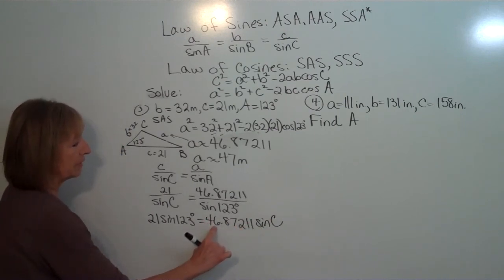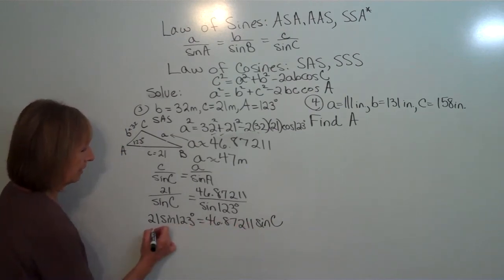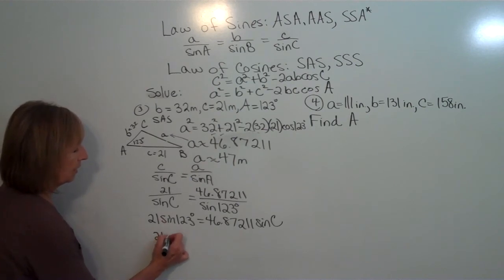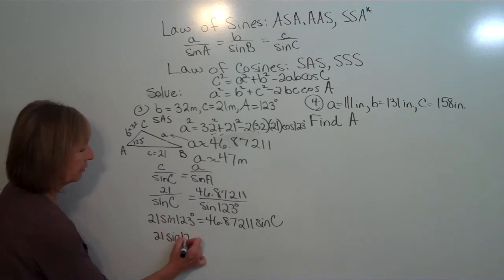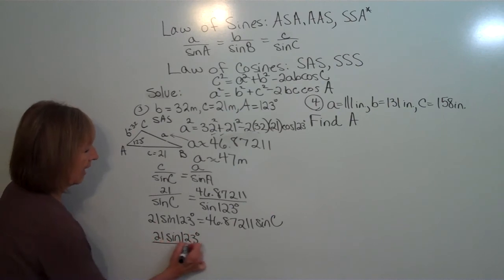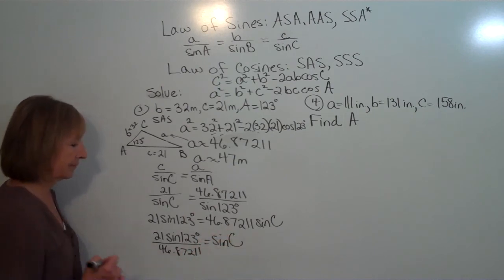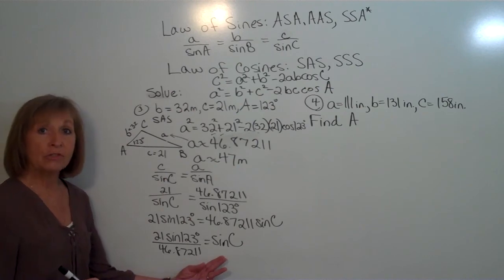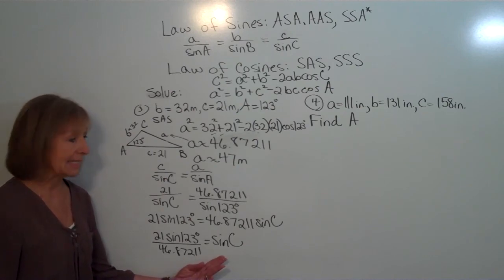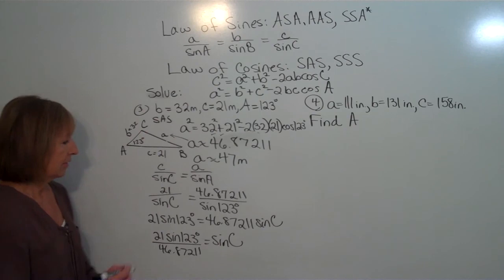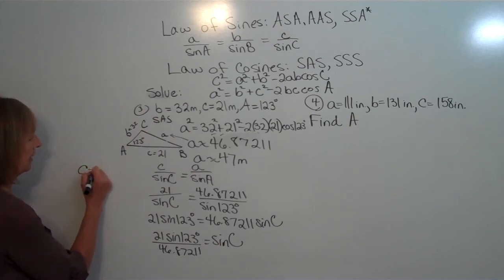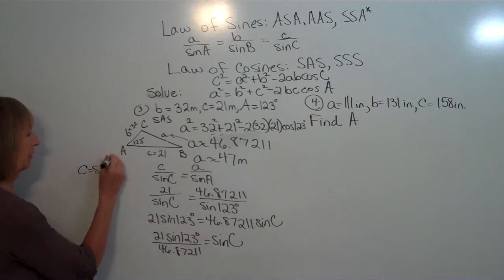Divide both sides by 46.87211. I get 21 times the sine of 123 degrees divided by 46.87211 is equal to the sine of angle C. And now I'll just do the inverse sine of both sides to get the value for C. So angle C is the inverse sine of that expression.